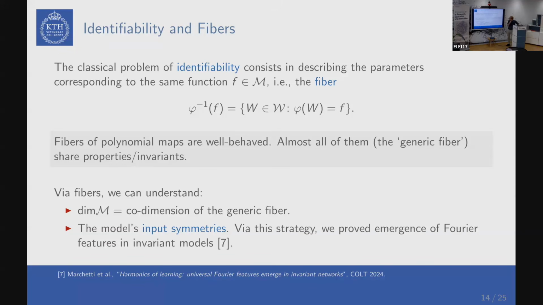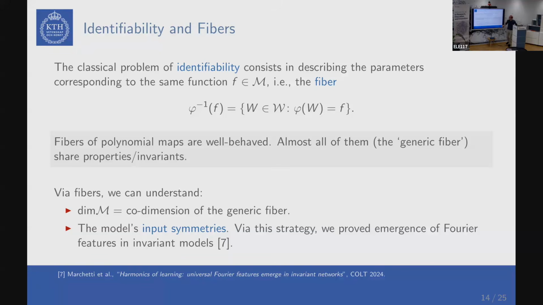I don't have time to go into this, but essentially one result here is that by reducing the problem of studying invariant neural networks to a problem of identifiability, we have this paper where we give a mathematical argument for why Fourier features emerge in invariant models.